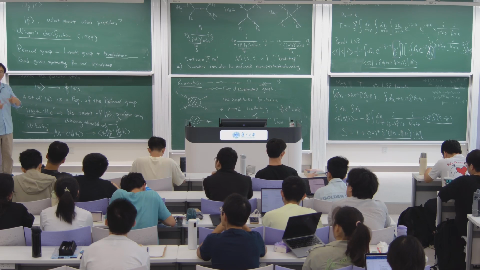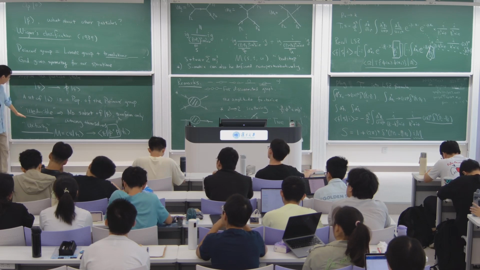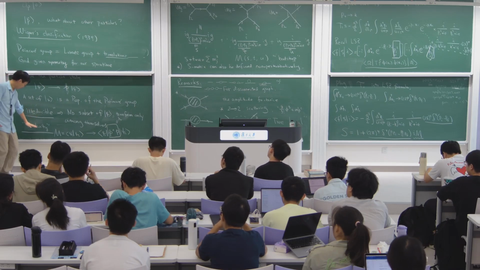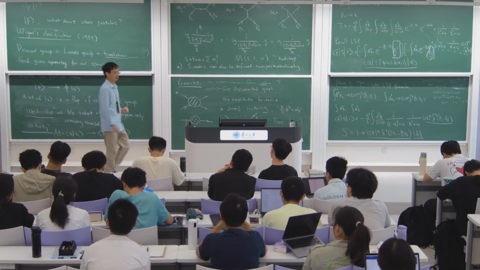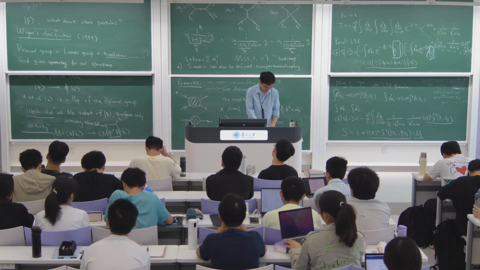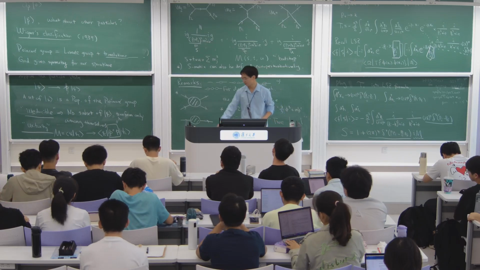So the particle state has to represent this Poincare symmetry. And now, after we understand irreducible and unitarity, we are ready to understand Wigner's theorem, Wigner's classification.